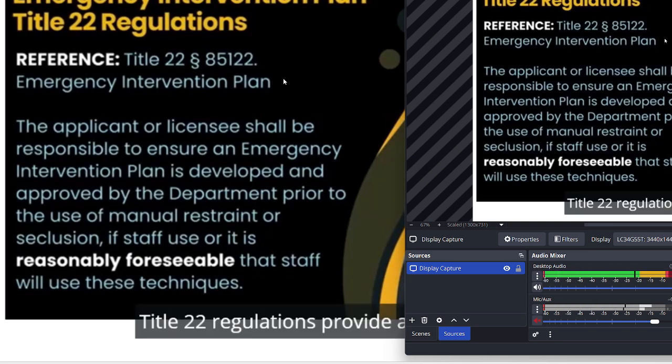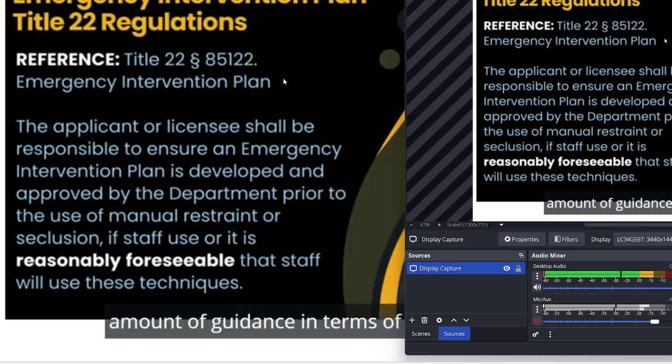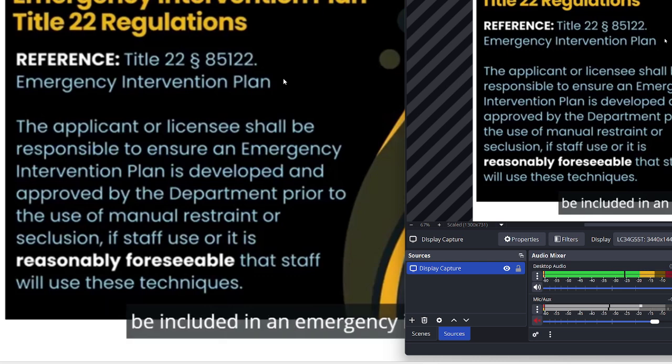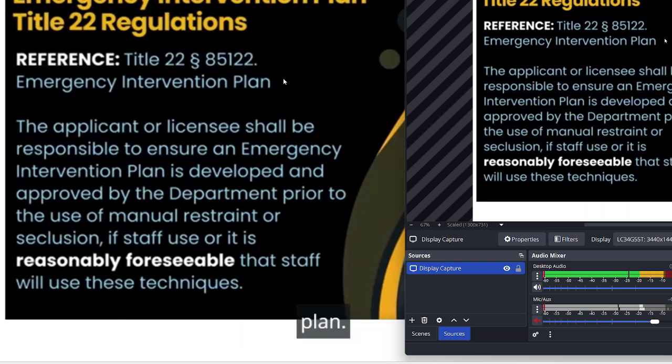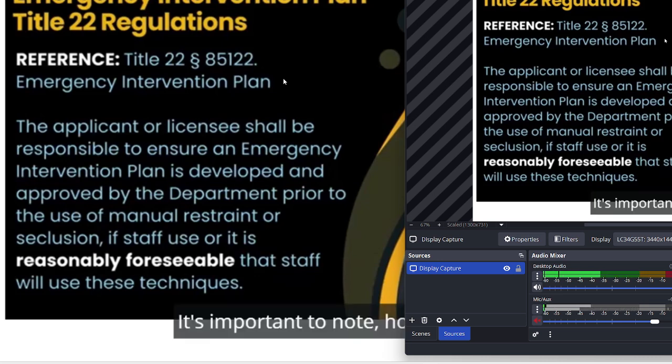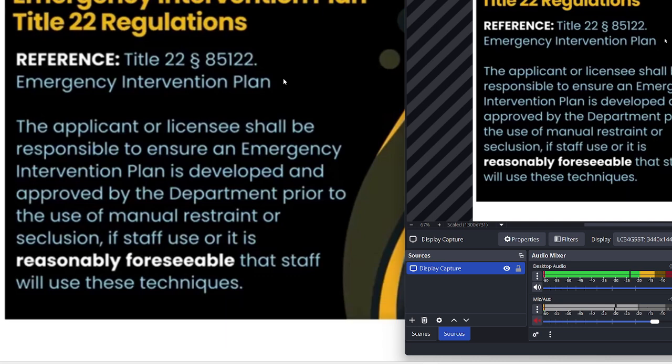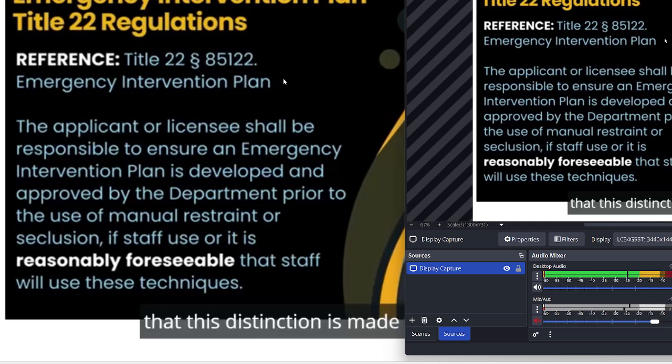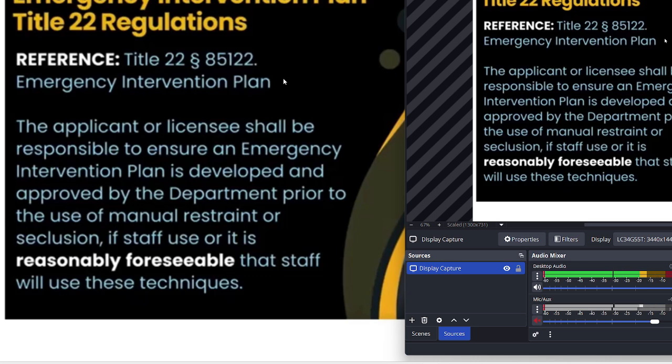Title 22 regulations provide a significant amount of guidance in terms of what needs to be included in an emergency intervention plan. It's important to note, however, that this distinction is made at the very forefront of the emergency intervention plan section.